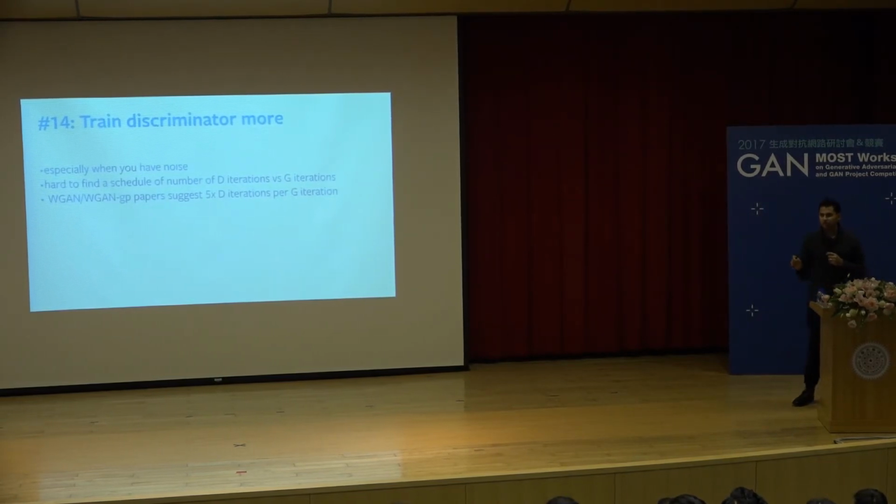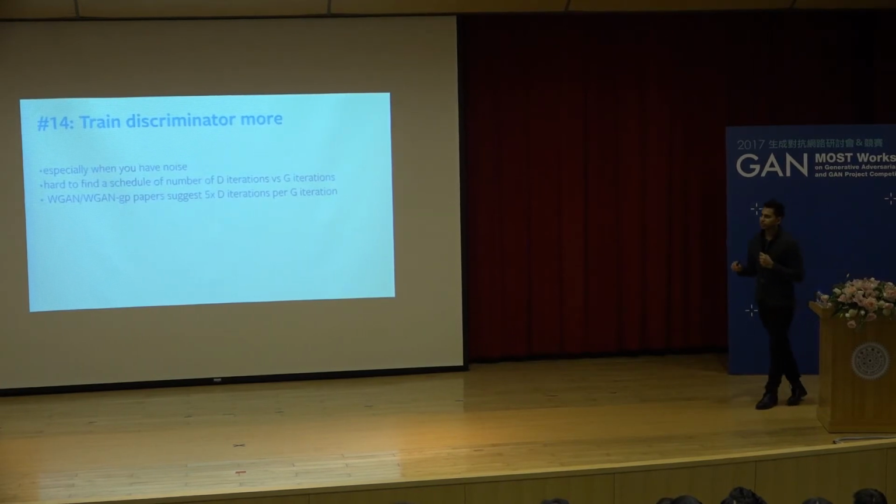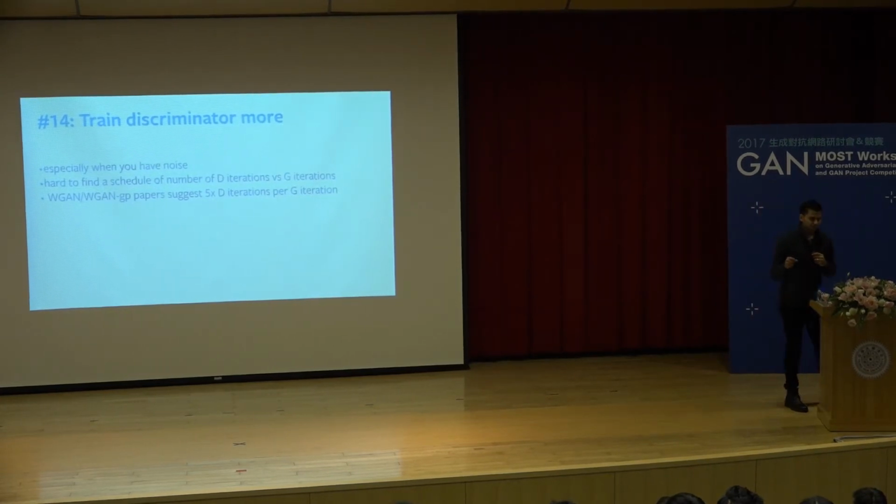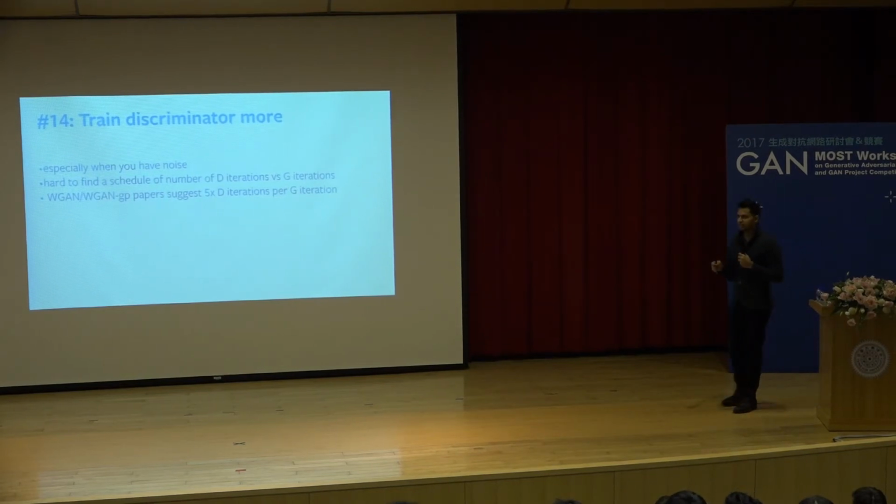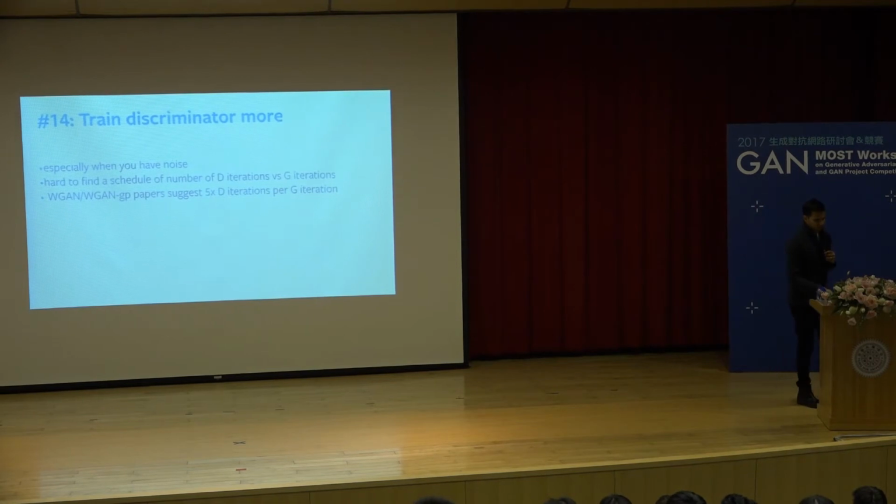And you can't really cheat by just increasing the learning rate of the discriminator 5 times, because your gradient only applies to a neighborhood of linearity, and just cranking up the discriminator learning rate is not equivalent.